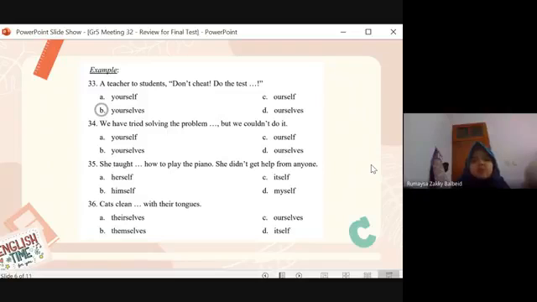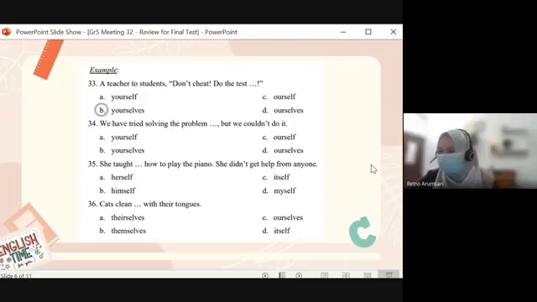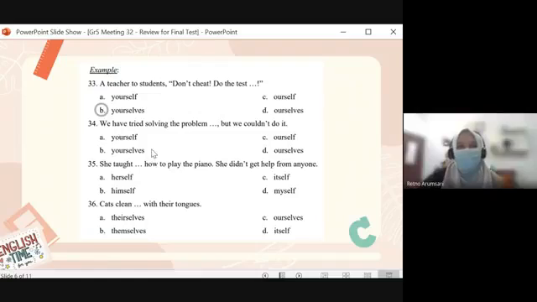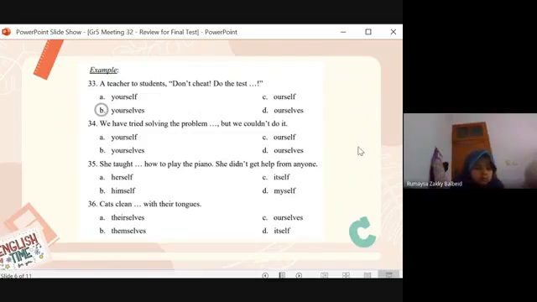Because the teacher is talking to multiple people, a lot of students. Not only one student, but a lot of students. So you use this, yourselves.